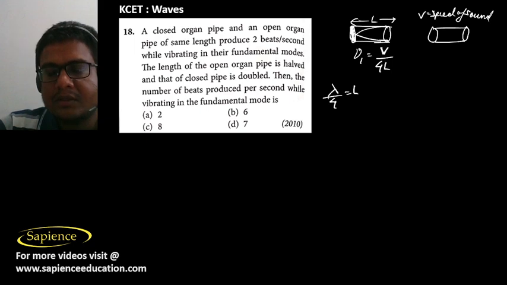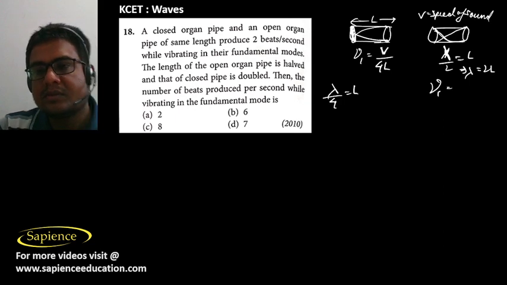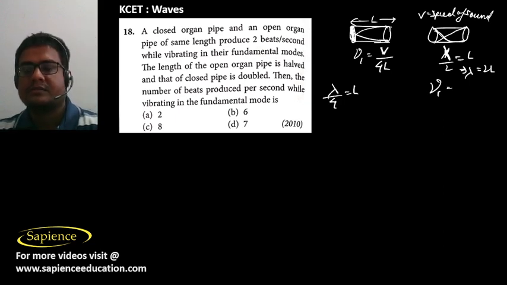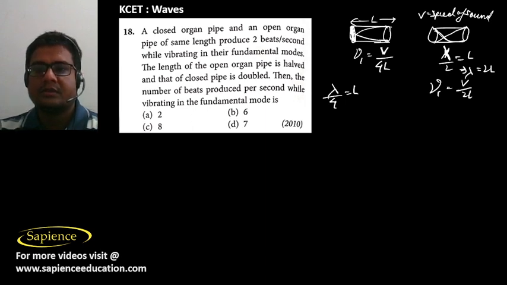And here in the open end we have the fundamental mode somewhat like this. So here lambda by 2 is equal to l. So lambda equal to 2l. So therefore here ν₁ is equal to v by 2l. They have the same length.